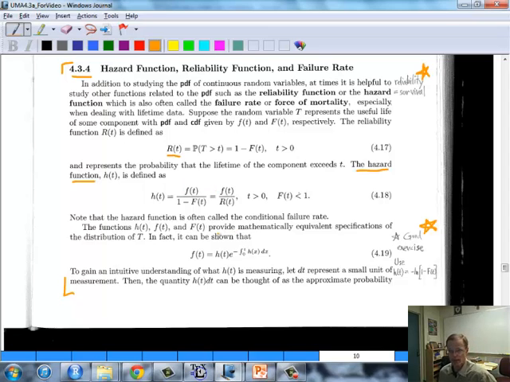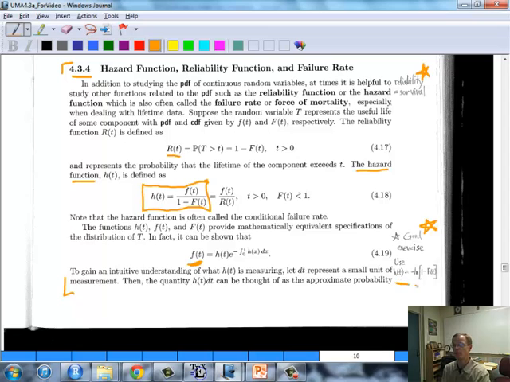There's an exercise that I'd like you to give a shot at, which is to take this relationship right here, the definition of the hazard function, and prove that the PDF is equal to this expression here in terms of the hazard function. I'm just going to give you a hint.